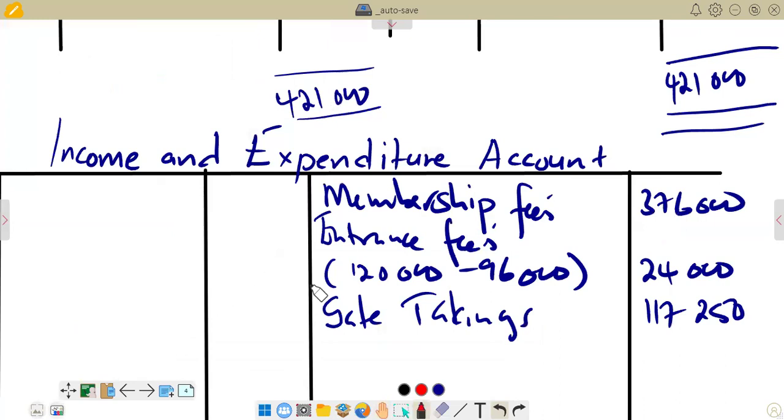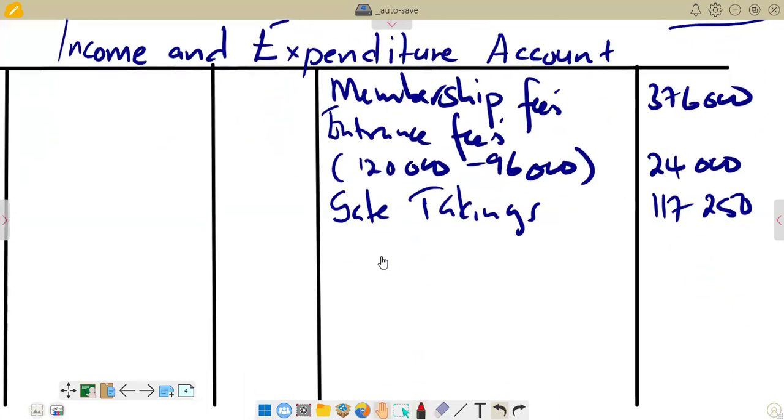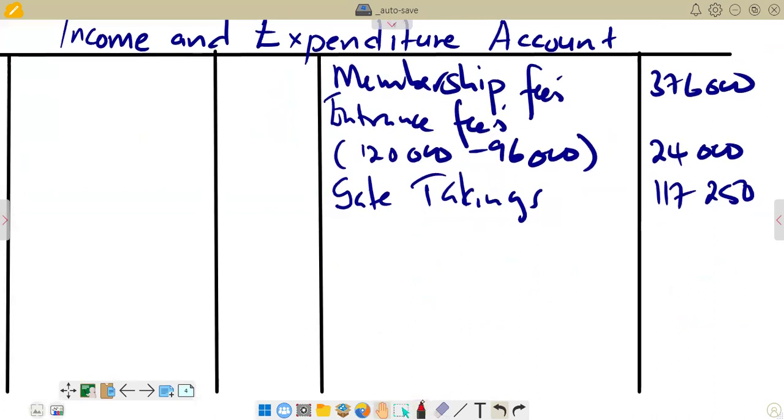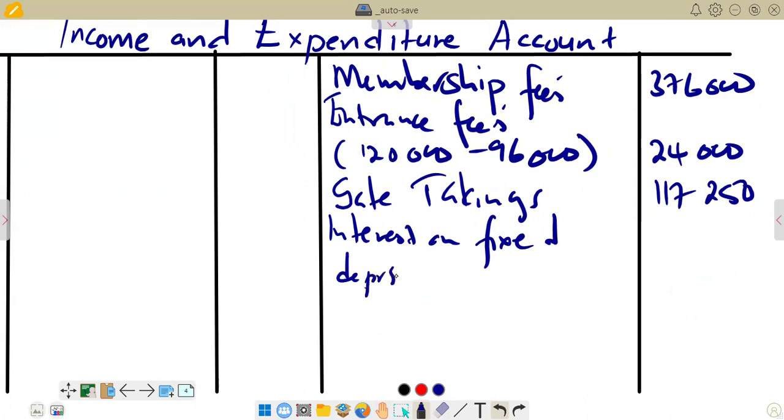So we are saying 17. This is interest on fixed deposit. So let's try to summarize that way. We are saying interest on fixed deposit, whereby we are saying 0.17 multiplied by the amount that we invest, which is under 75,000.